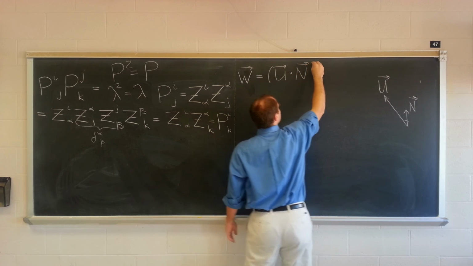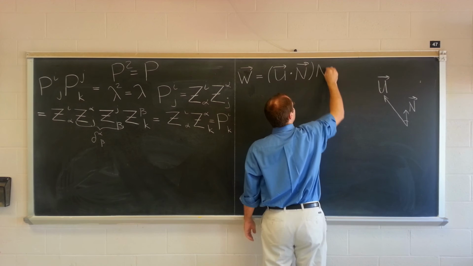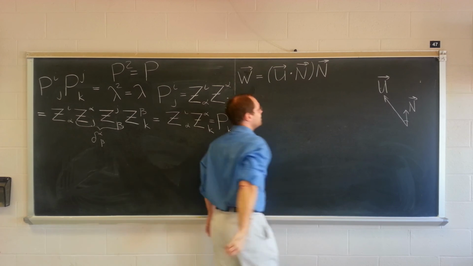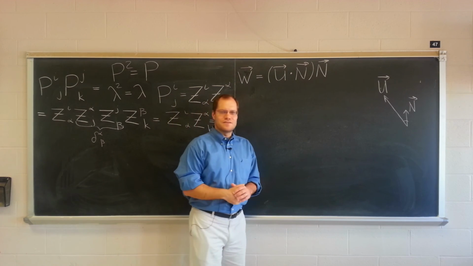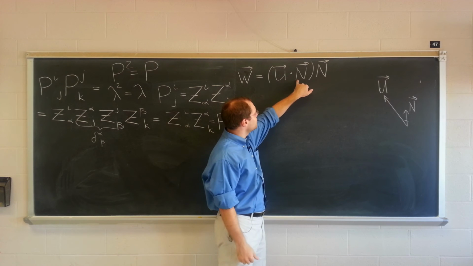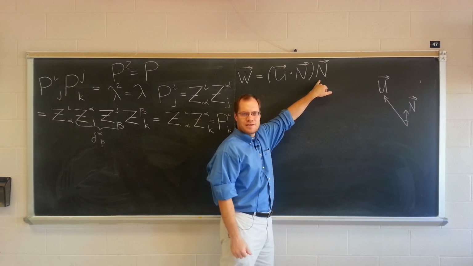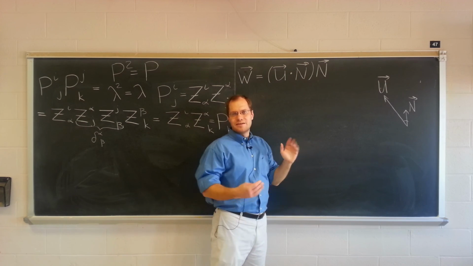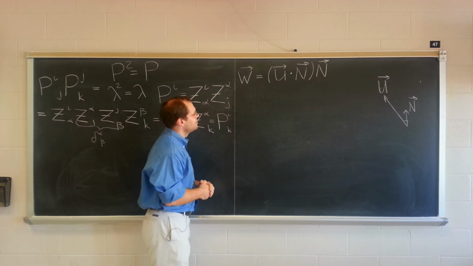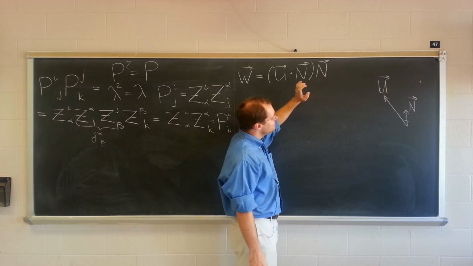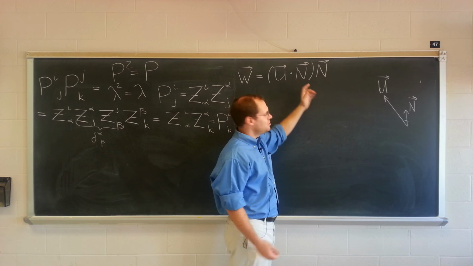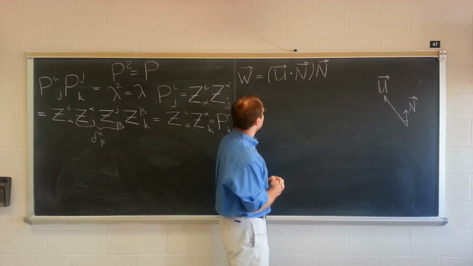That's the length of the projection. And now that we have the length of the projection, then that's the projection itself. So very similar to u dotted with S_alpha, and then contracted once again with S^alpha to get the projection onto the tangent space. Here, the normal forms the basis for the normal space. So there you go. That's the projection onto the normal space.